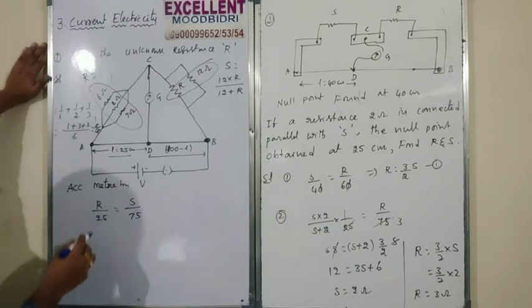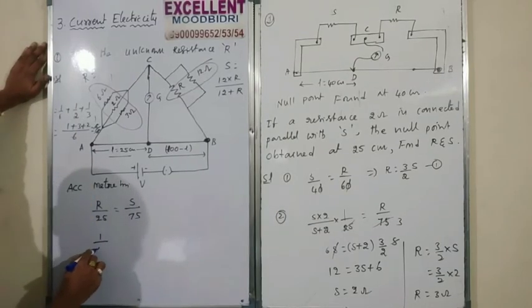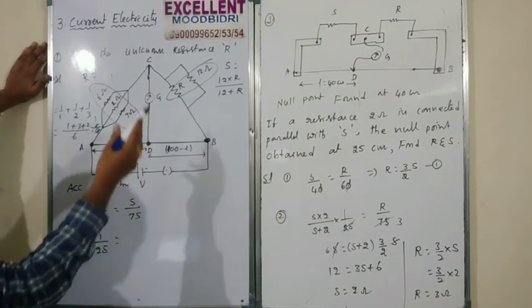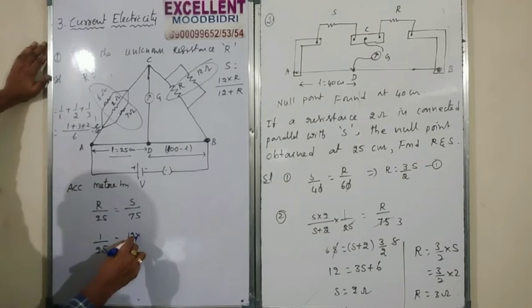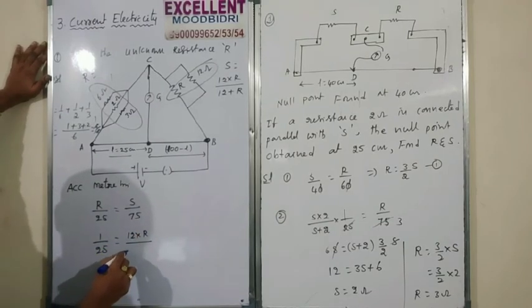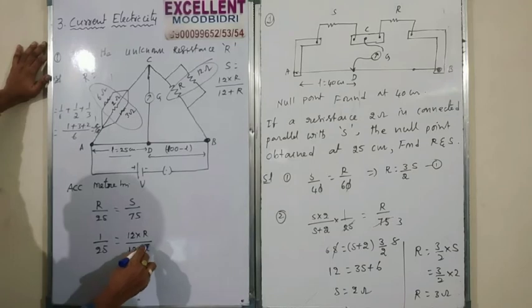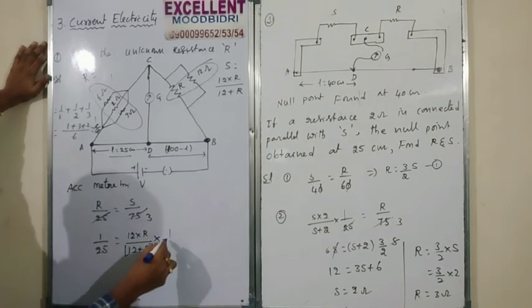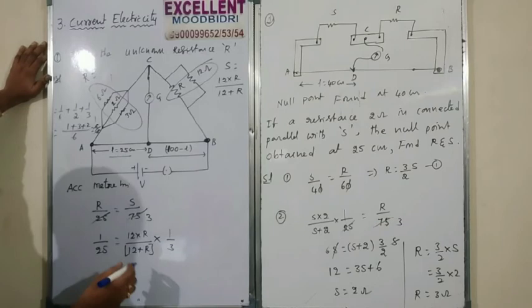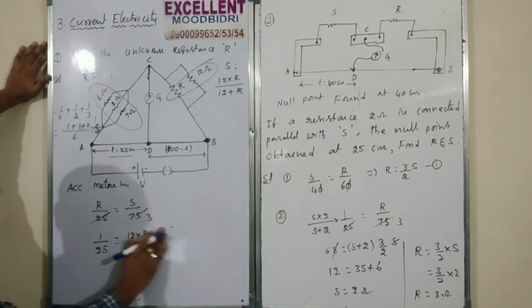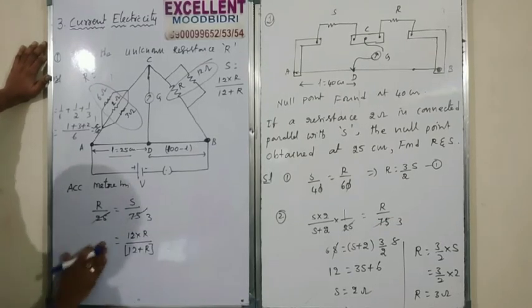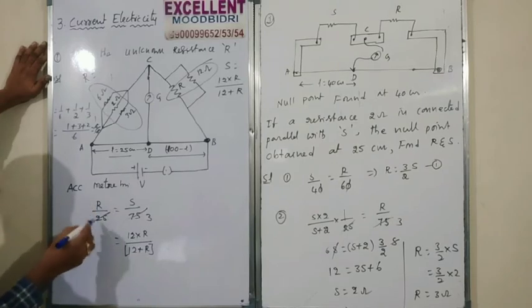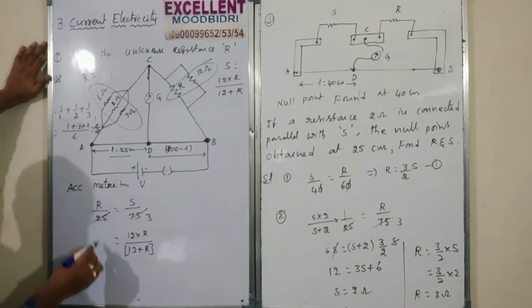So the R value is 1 by 25... S is 12 into R divided by 12 plus R. Before this I want to cancel it, so 1 by 3 only. 3 transfers to that side, so the R value is 1 into 3.